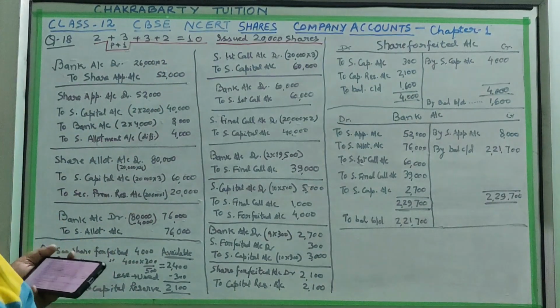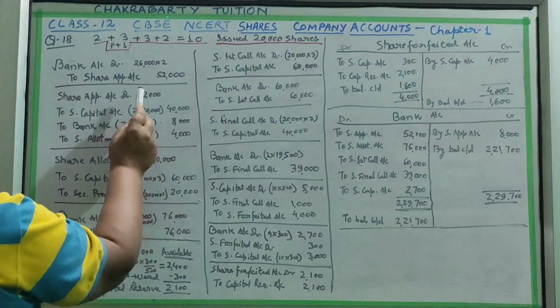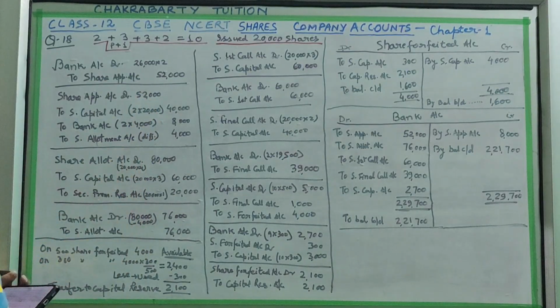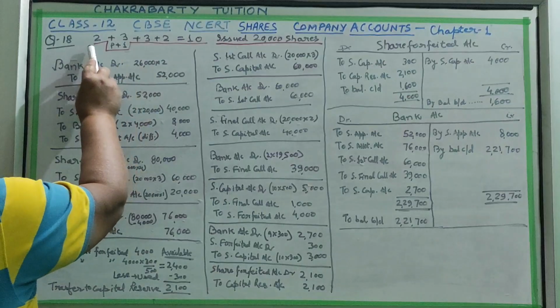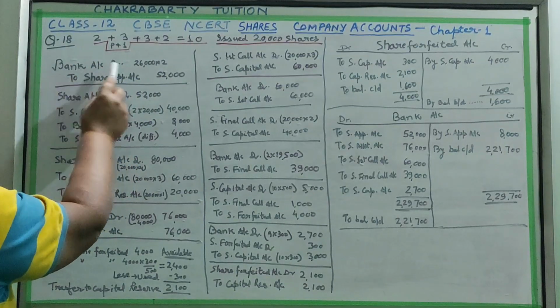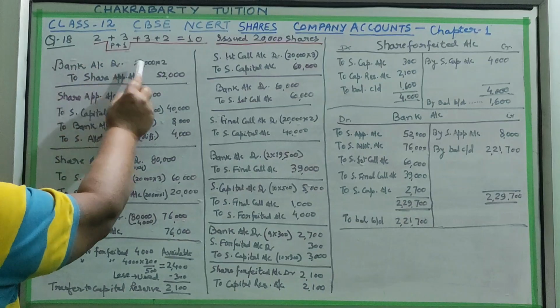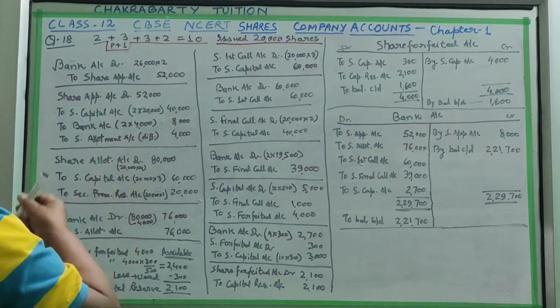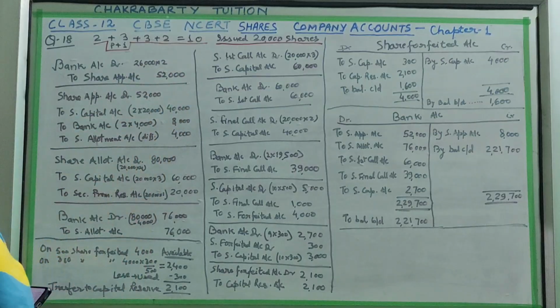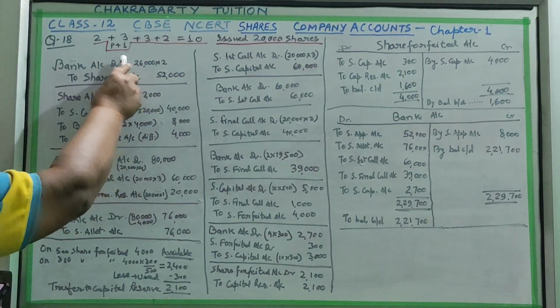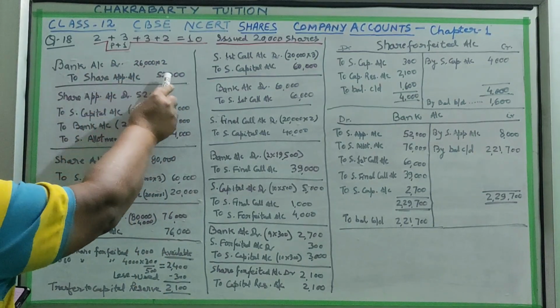They have received applications for 26,000 shares, with money received at the rate of rupees 2. So the first entry will be bank account debit, because at the rate of 2 they have received 26,000 applications. So the total amount will be 52,000.